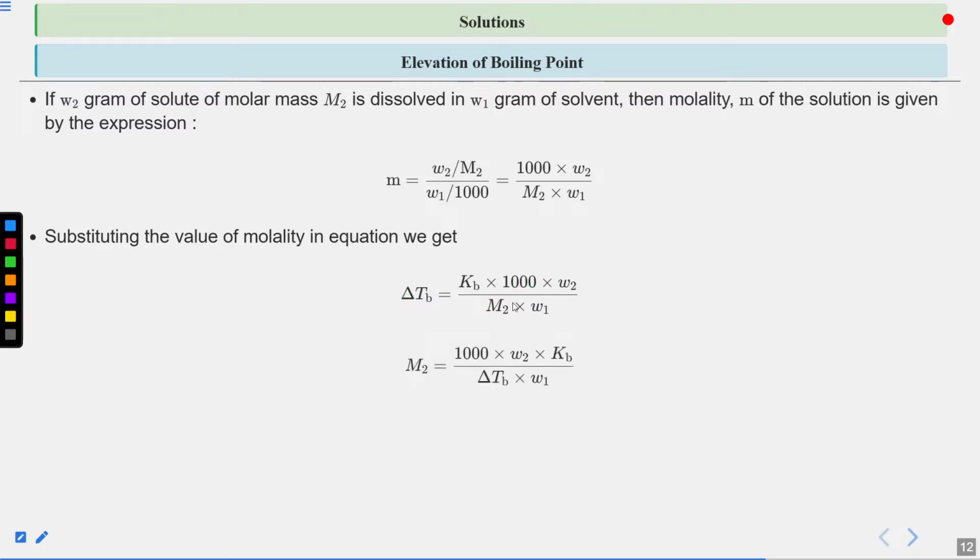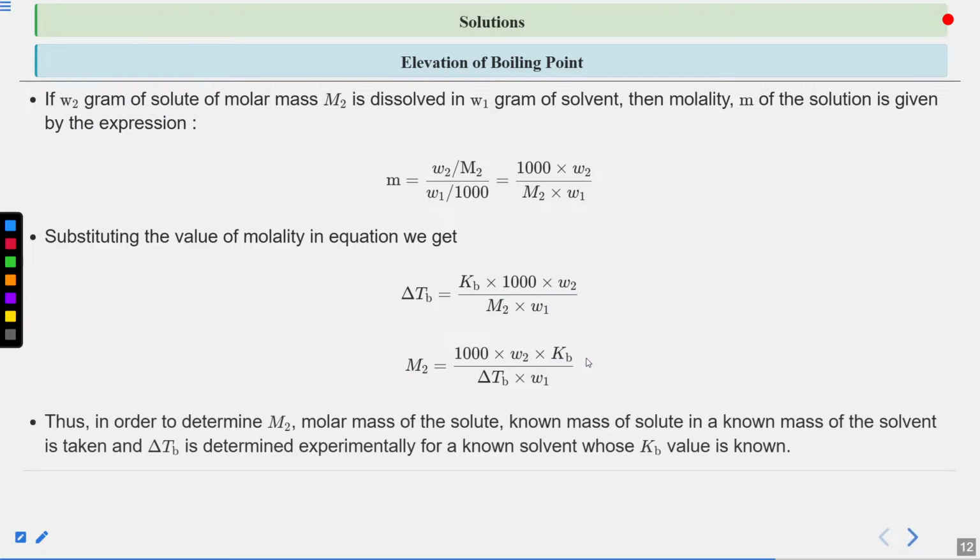Our main goal was to calculate the molecular mass of the solute, so M2 can be written as this equation finally. So remember students, if you want to determine the molecular mass of the solute, you must have the change in boiling point, the Kb value, and the weight of the solvent and the solute as well.